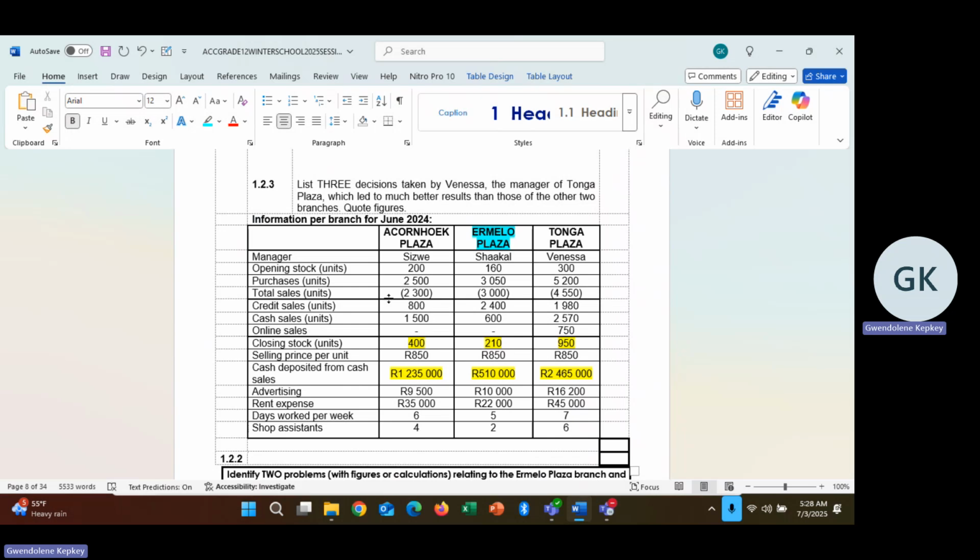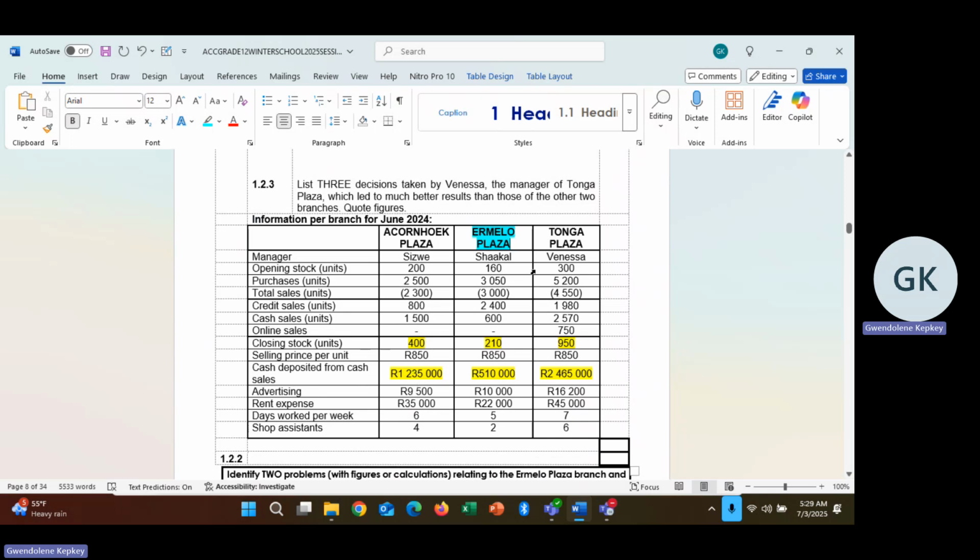Usually we look at, has there been any returns? What is the number of items on hand? Is that very high? Is it that there is a possibility of rolling off cash? Then we can also look at, in this case specifically, how many days is it that the employees are working? What is the number of assistants that the Ermelo Plaza has compared to the other two?